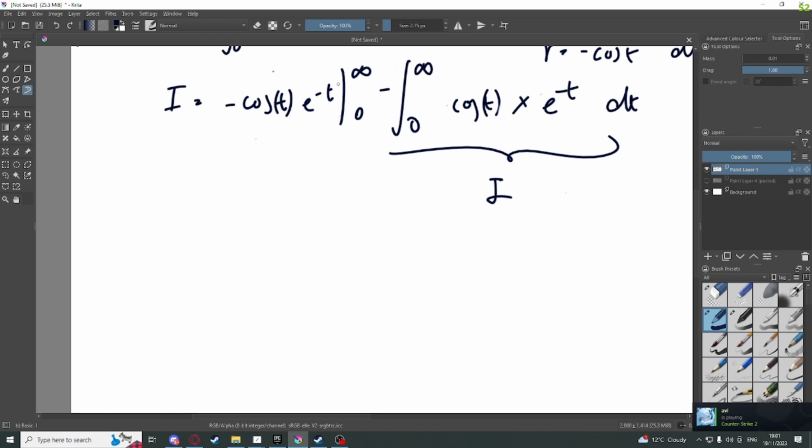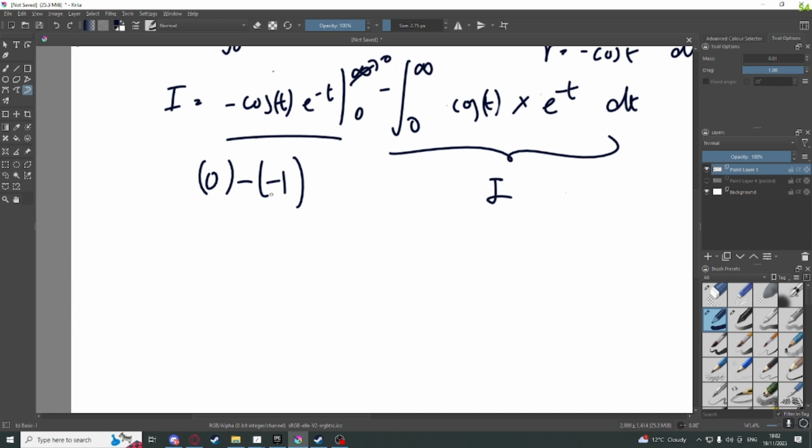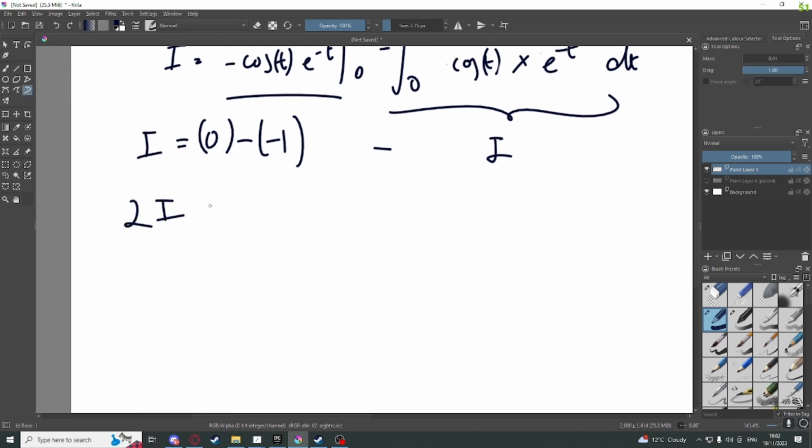And so evaluating this real quick, if I evaluate t equals infinity, this will approach 0, and if I substitute 0 into each t, I'll get minus cos of 0, which is 1, so minus 1 times e to the negative 0, which is 1, so I just get minus 1, and then minus I. And then just move an I to the other side, I get 2I is equal to 1, I is equal to 1/2.